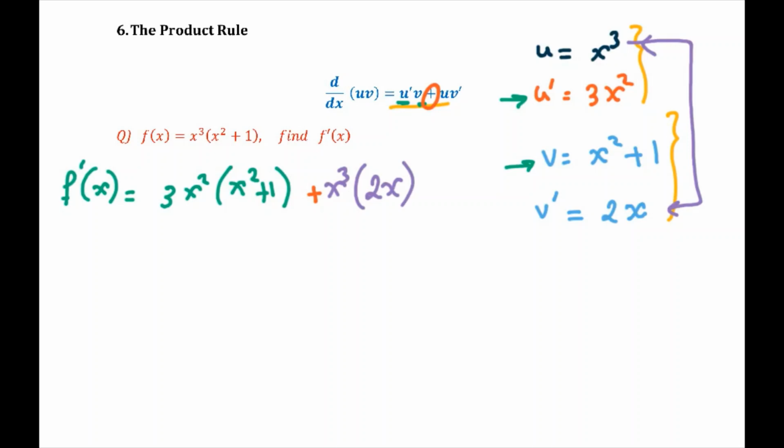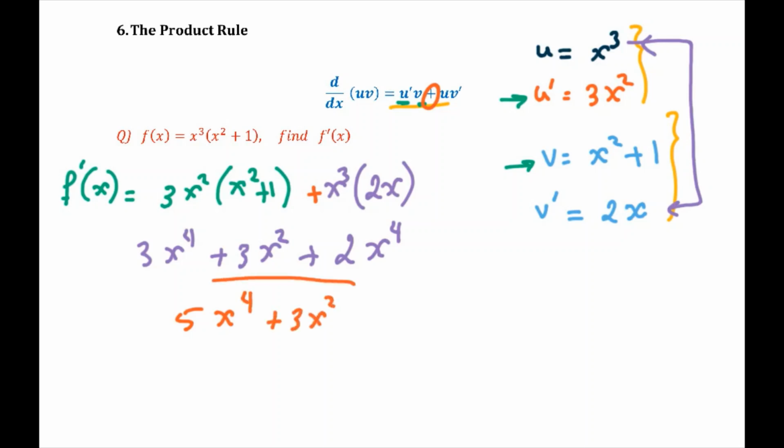Now we can simplify by expanding. So that's going to be 3x to the 4 plus 3x squared plus 2x to the 4. You can collect the like terms. Here we go. That's the derivative. Okay.